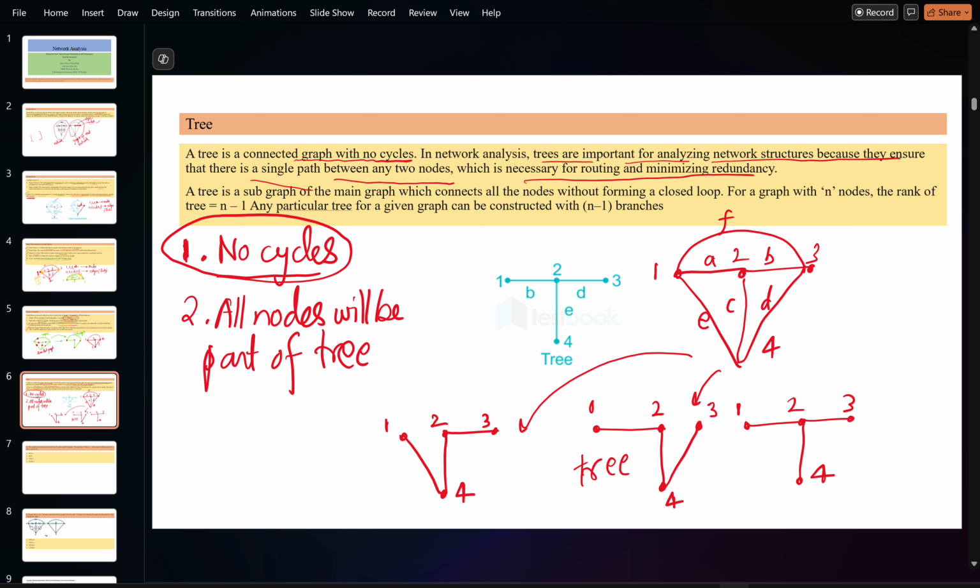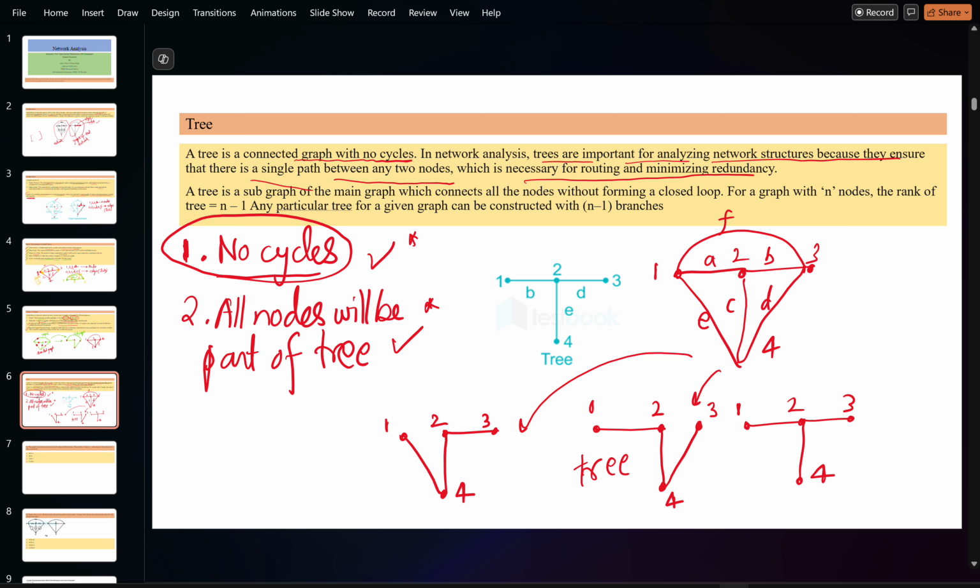This is also a kind of tree. So a tree is basically a part of the graph which doesn't have any cyclic formation, but all the nodes are part of that subgraph or tree. This is the most important part you have to keep in mind.